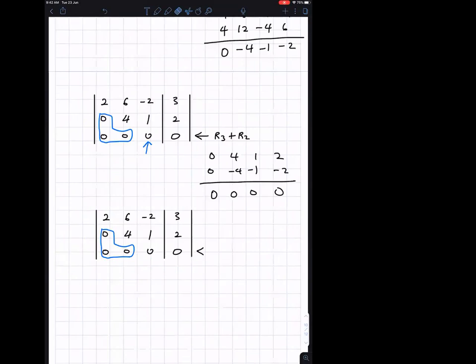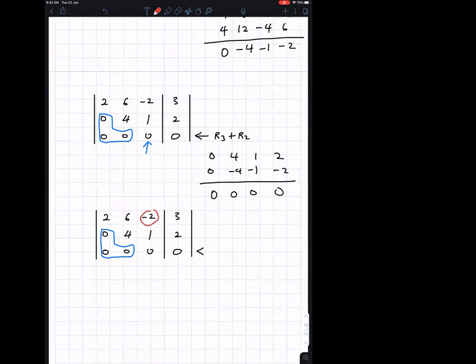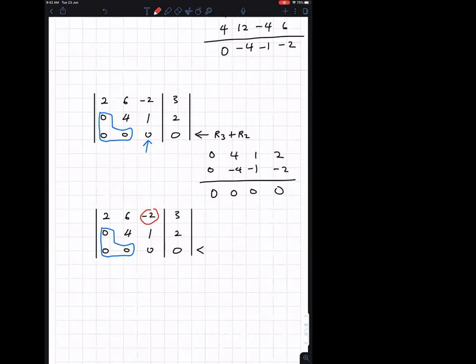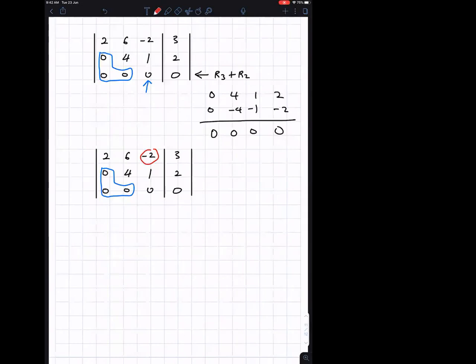So now let's try to make this go to 0. That can be easily done by adding row 1 to 2 times row 2.